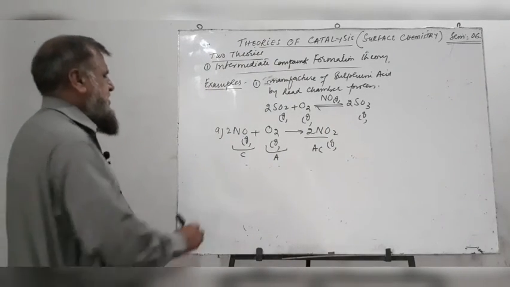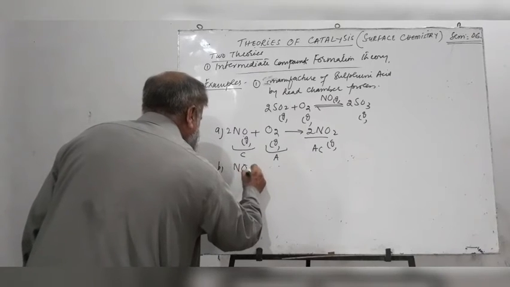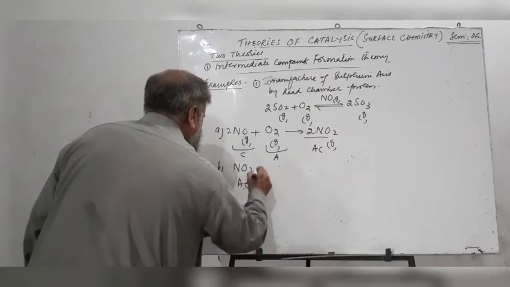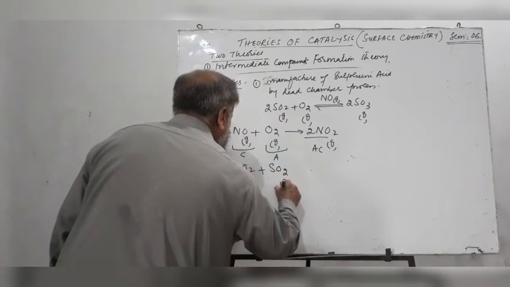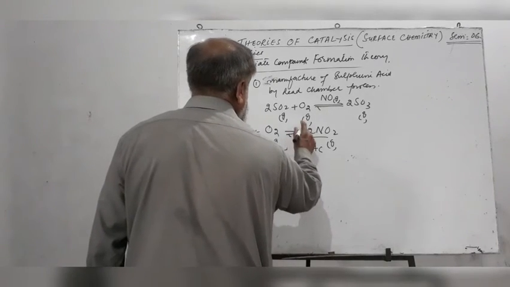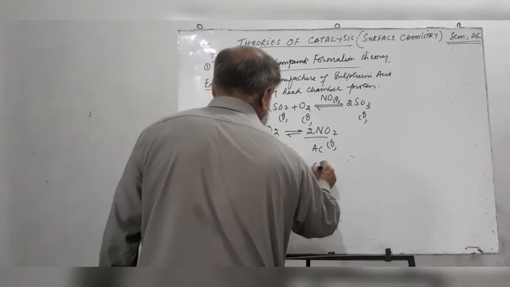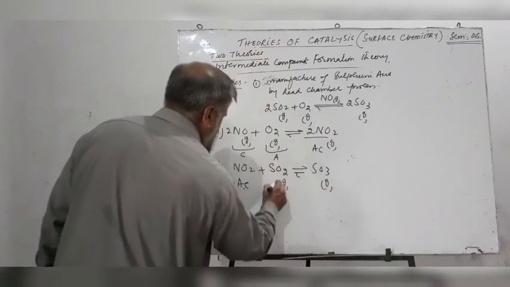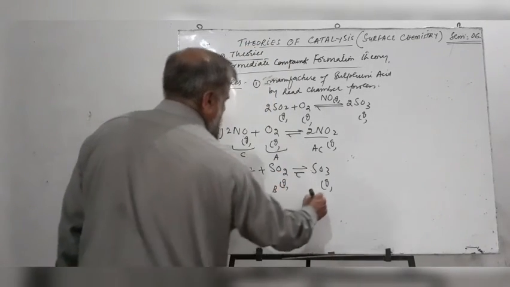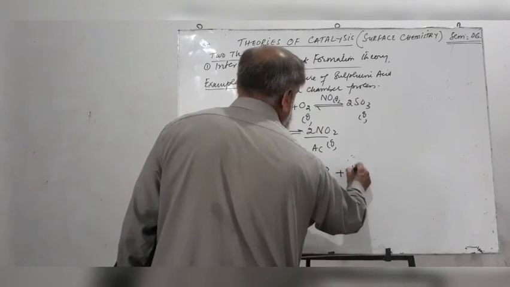It is the intermediate compound. In the second step, NO2, which is intermediate compound AC, reacts with the second reactant SO2 gas and produces sulfur trioxide. Sulfur dioxide may be considered reactant B. Here we have the product AB, and the catalyst is set free.